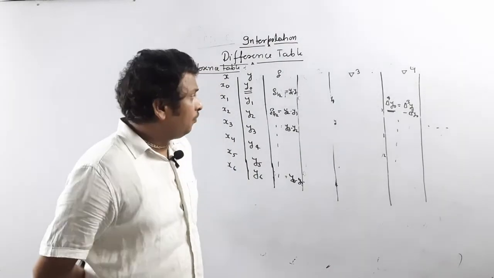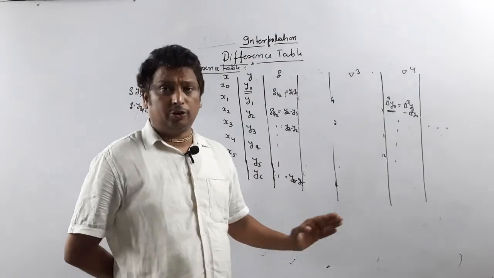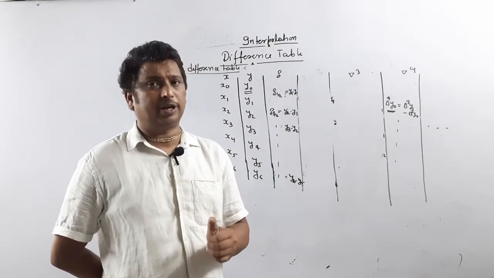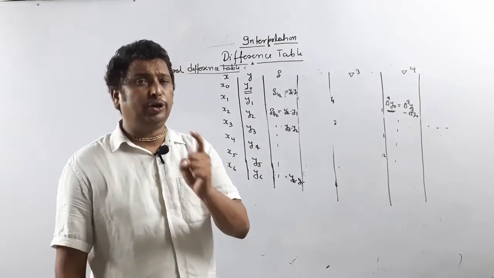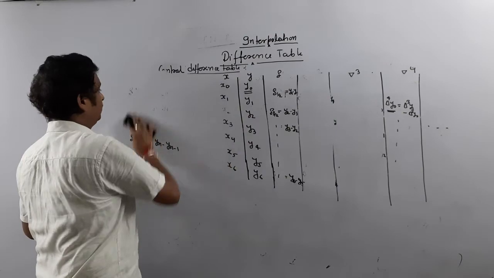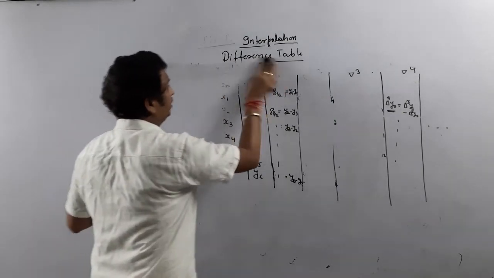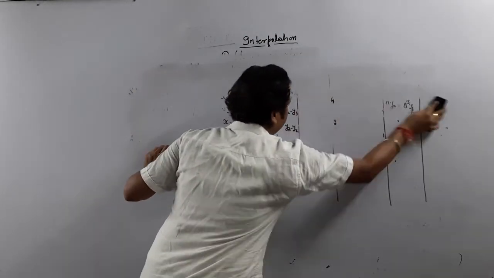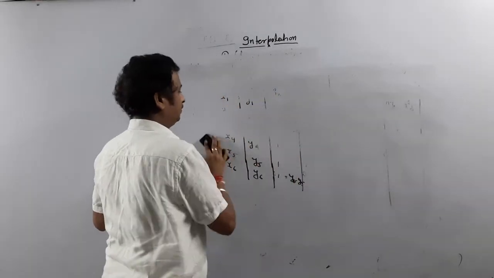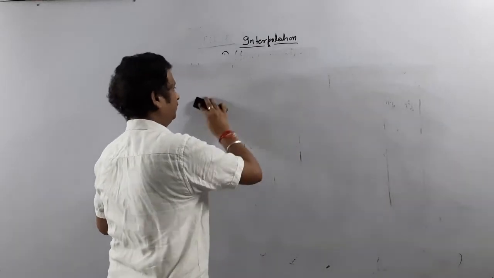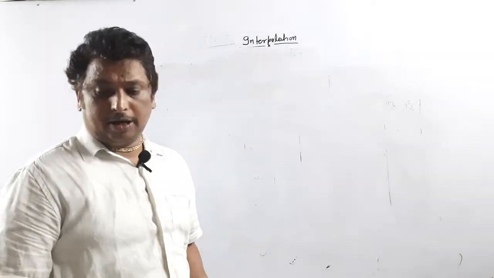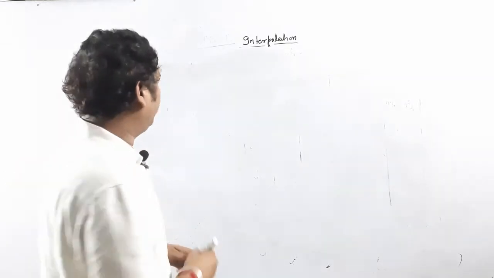So how we create a difference table, you have to know. Once you know all this, it's easy for us to calculate. I am going to explain one important question: how we calculate a missing value using a difference table. It is very important.